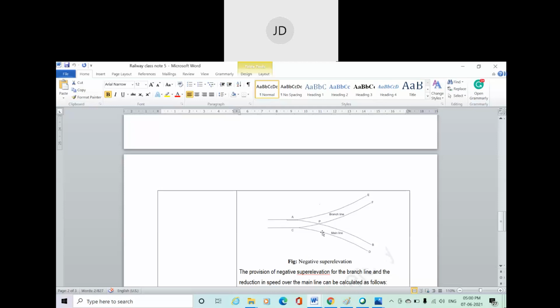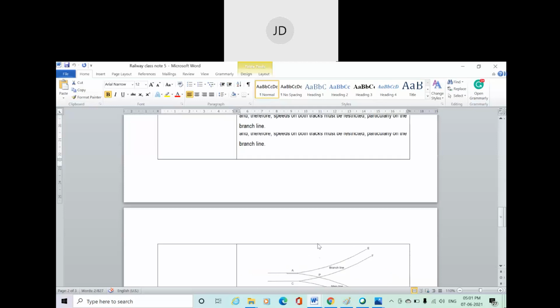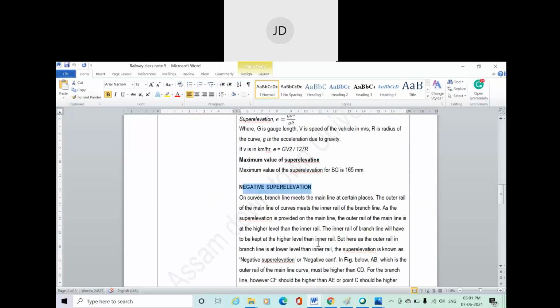But here you can see there is also a branch line directly in touch with the main line. That means for this branch line, this is the outer rail, and this is the inner rail.